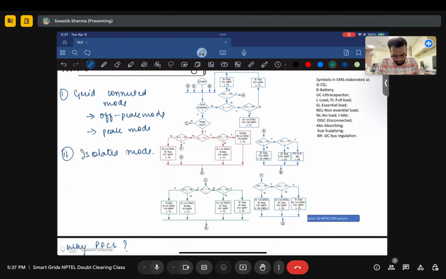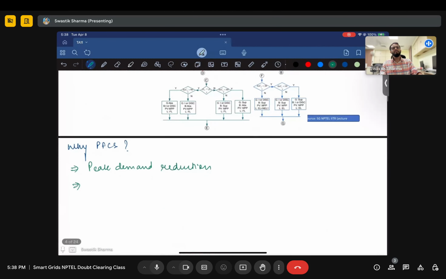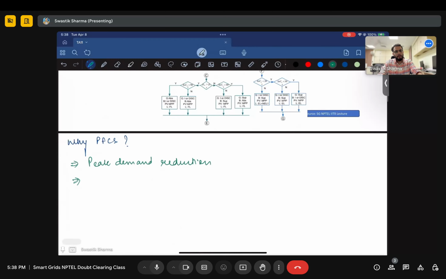Based on all of that, we want to check how the operation between different modes is happening, and we want a smooth transition between different modes of operation. So a PFCS ensures smooth transition between different modes.